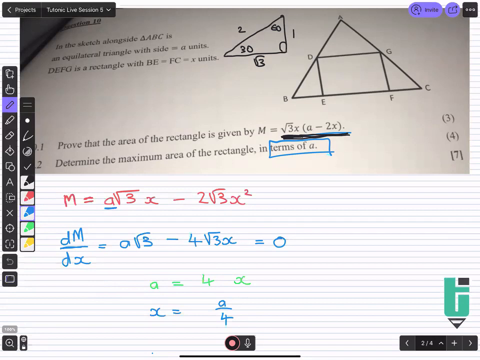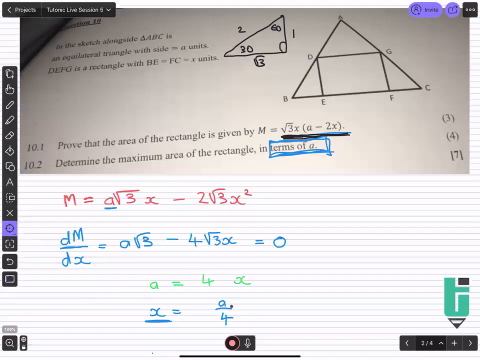Remember, when you say in terms of, it means a must be in the equation. So you're solving for x, and then a is in the equation, okay? If they said in terms of x, then it's going to be a equals 4x, because you're solving for x.